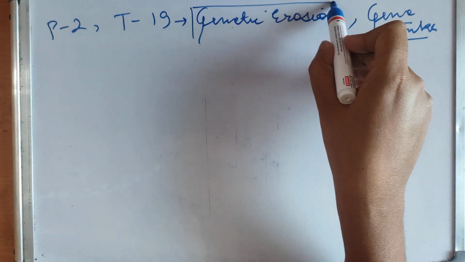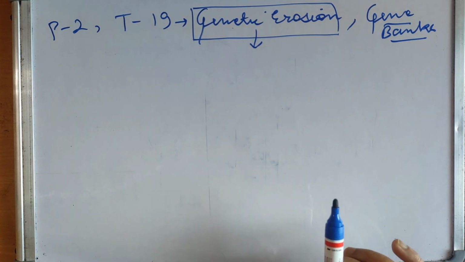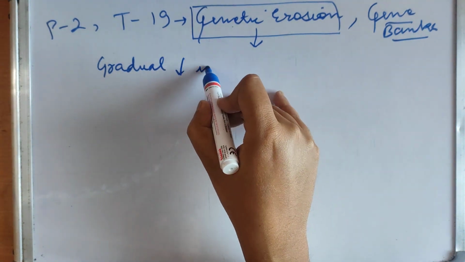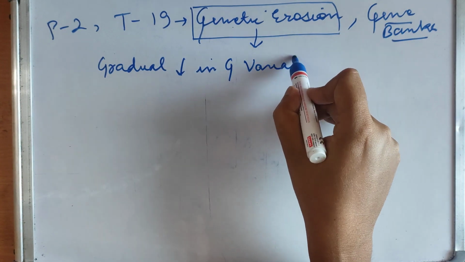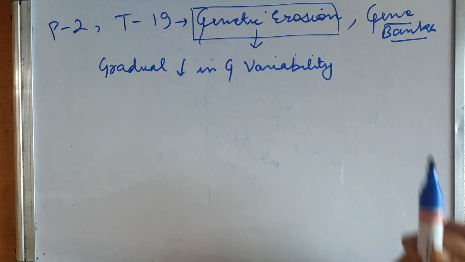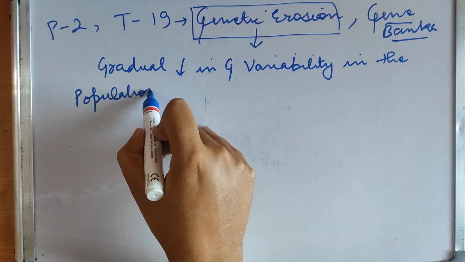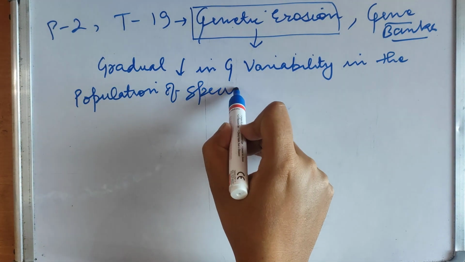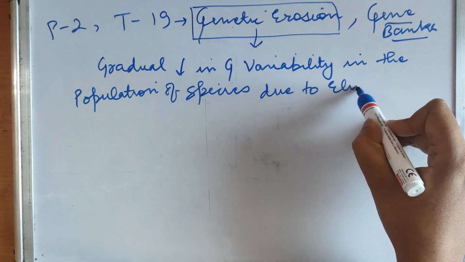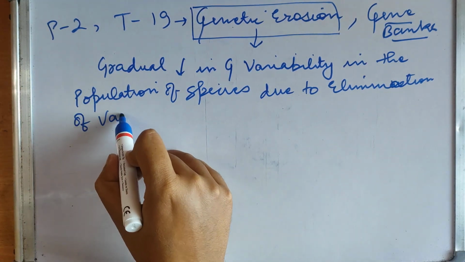So what is genetic erosion? It is the gradual reduction in genetic variability, that is, a decrease in genetic variation in the population of a species due to elimination of various genotypes.